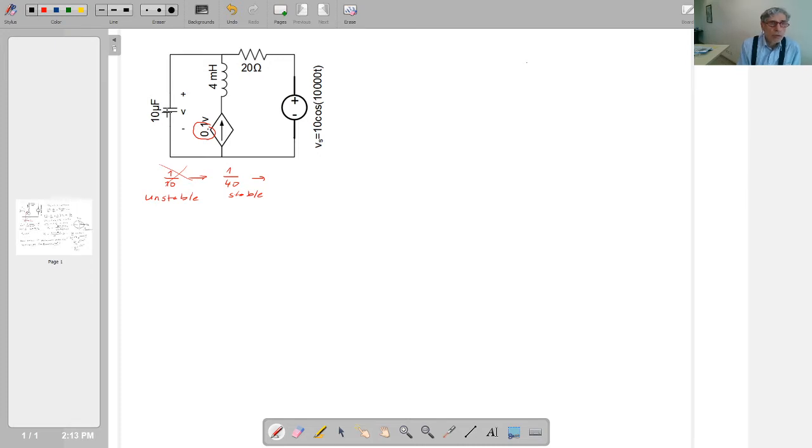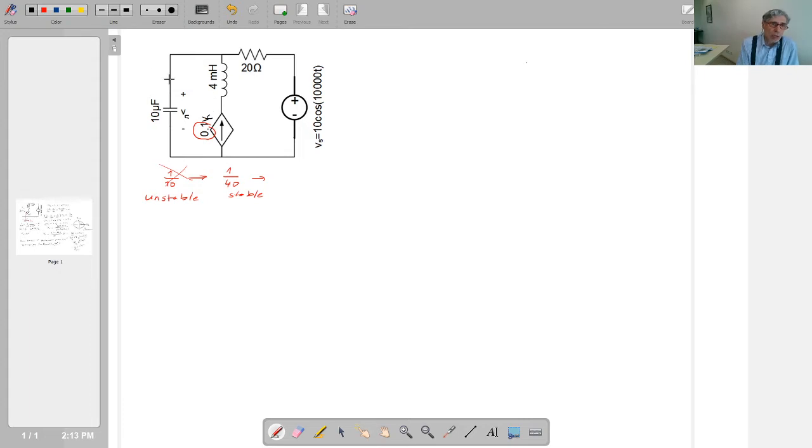Okay, so just to remind you, that was VC, that is the capacitor voltage, isn't it? So that is the capacitor voltage as well. So this dependent current source depends on this capacitor voltage. So that VC is also that VC.